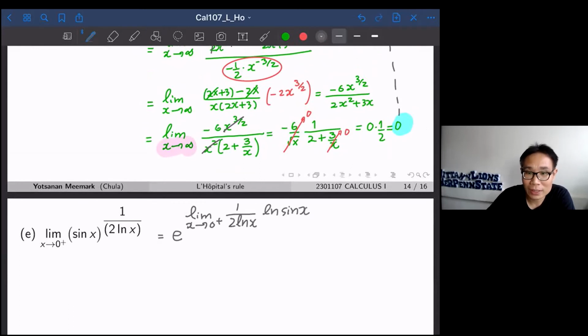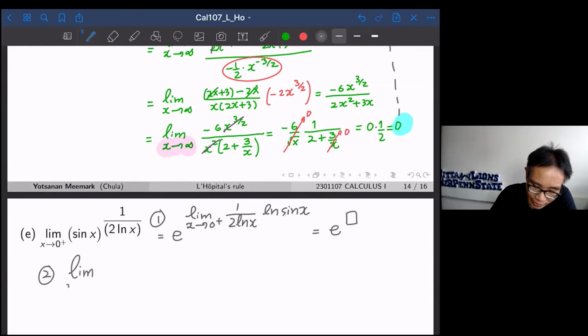Okay, so it's going to turn out to be this limit, and this one is going to be e to something, I don't know it yet. So when we have this one, it's going to be number 1 and number 2. Okay, so it's going to be limit x goes to 0 from the right, and you need to find the limit of 1 over, it's going to be log sine x over log x.